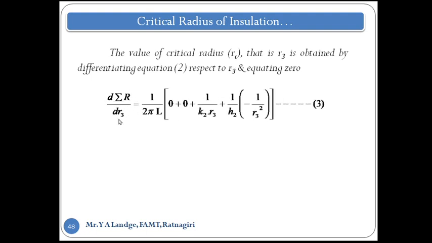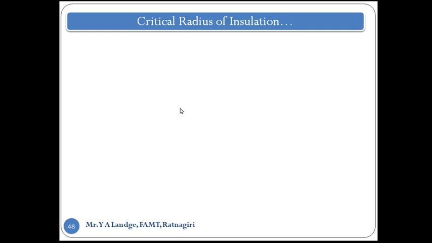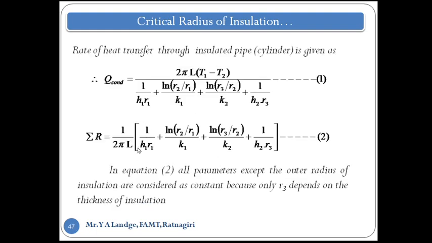So we write d(summation of R)/dR3, where R3 is the critical radius, equals 1 upon 2 pi L times the derivative. After differentiation, the first terms are 0 because they are constants, while the terms containing R3 remain.